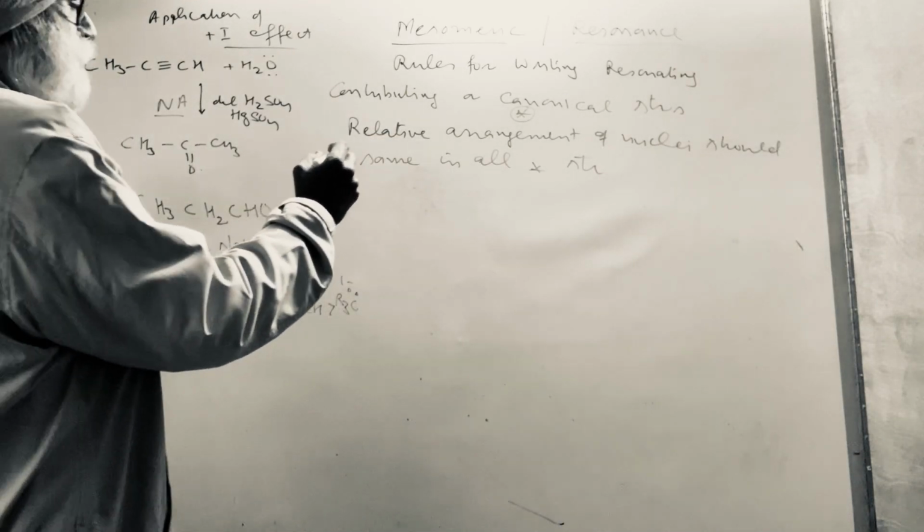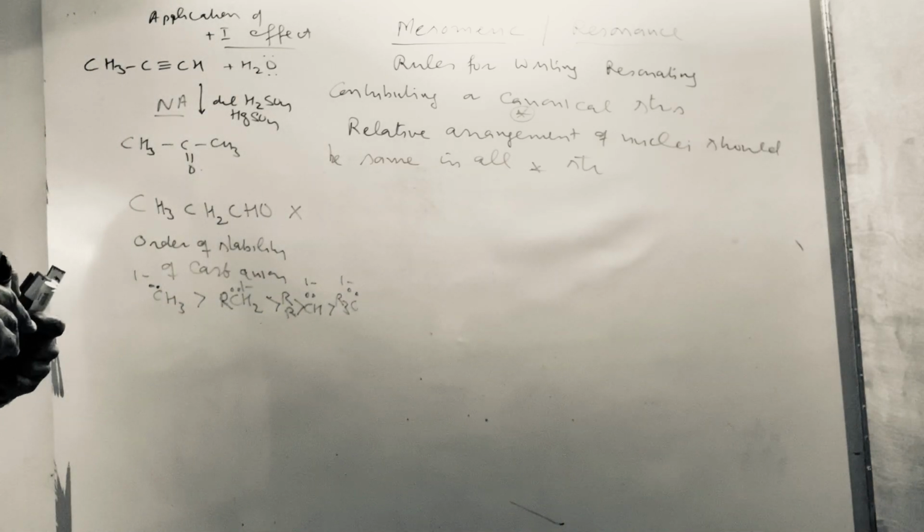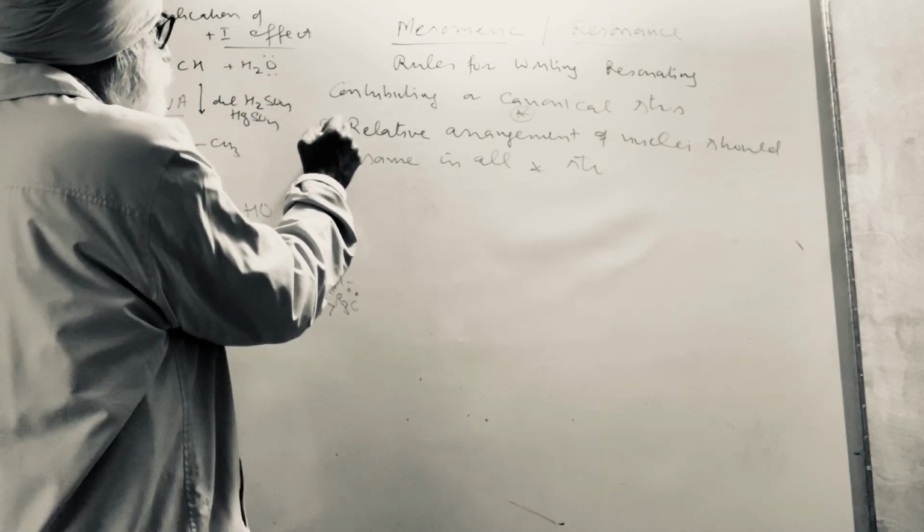For example, you are having benzene. We have just seen the case of carbon dioxide. Carbon is always present in the center. In all these structures, carbon is present in the center and oxygens are present along the sides. So it is not like this, that in some structure you will have oxygen as a central atom. That is a wrong structure. So this is the first condition.